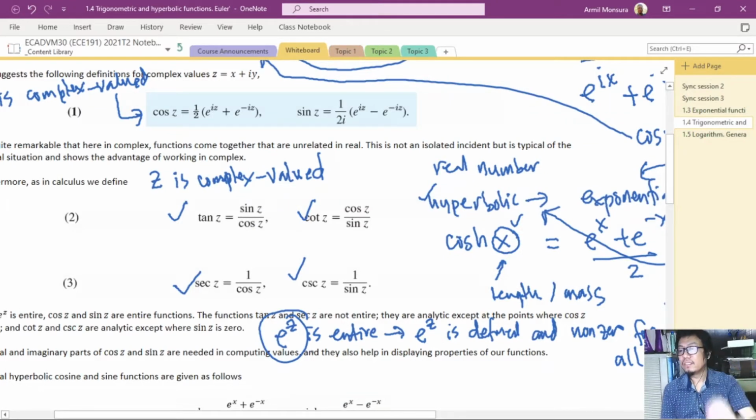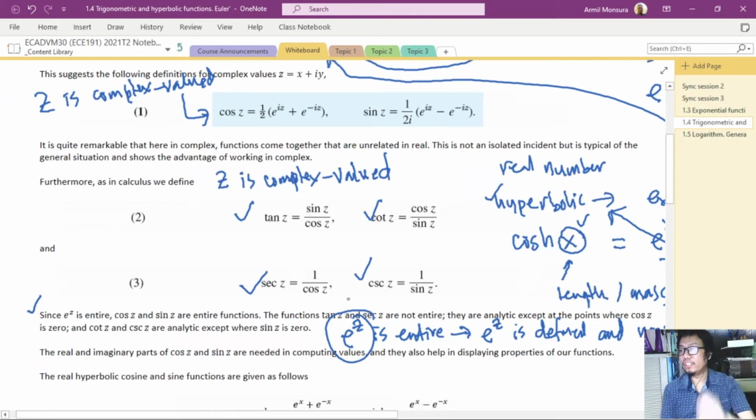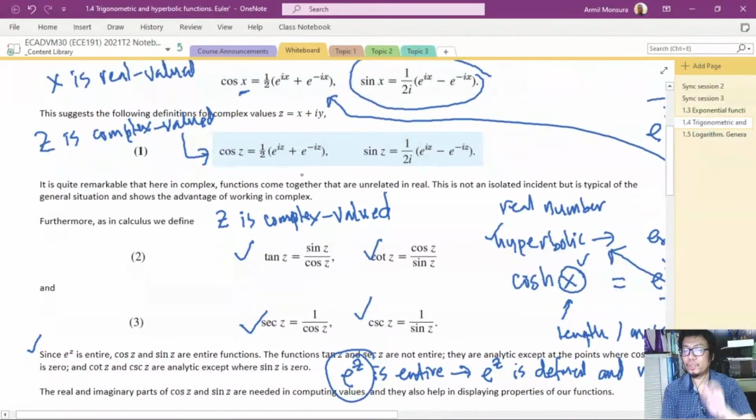But the thing is, based on these properties, since e raised to z is entire, that also makes cosine of z and sine of z entire functions. So they are defined for all values of z. But that's not the case for tangent of z and secant of z, because cosine of z may be zero at some point.